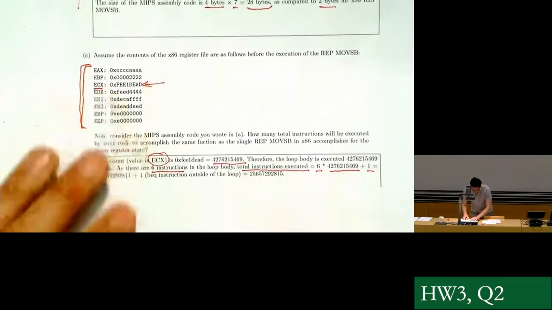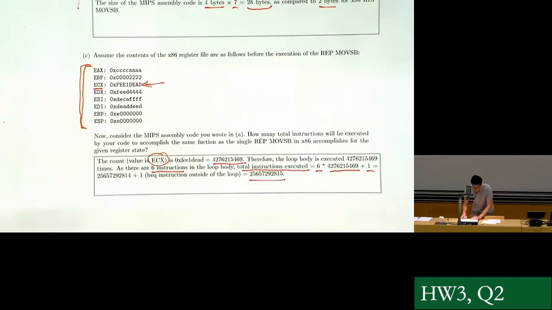So this is our total number of instructions executed for MIPS compared to one single instruction that will be executed in the x86 ISA.